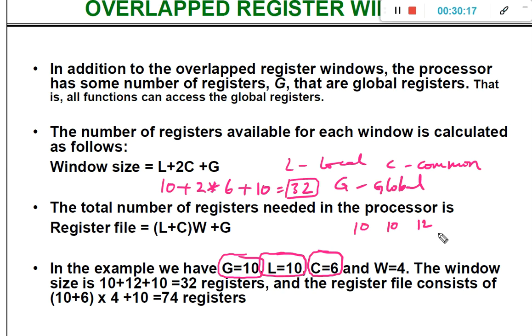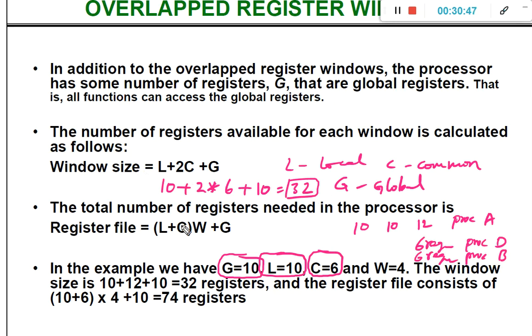So 6 registers are shared with the lower window and 6 registers are shared with the upper window. For example, if you consider procedure A, 6 registers are shared with procedure D and 6 registers are shared with procedure B. Like this we are going to implement. The window size has 32 registers.